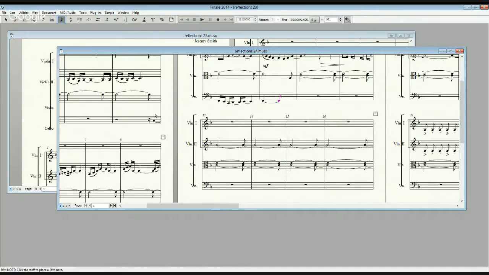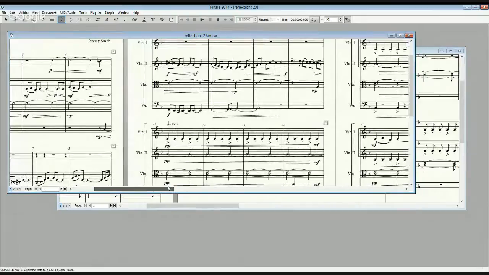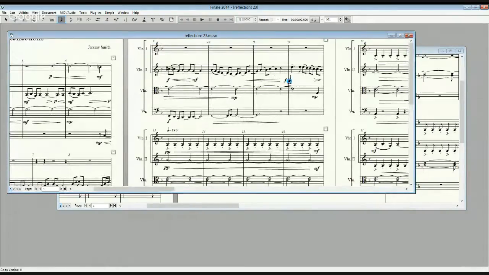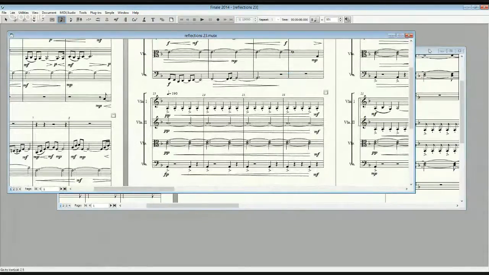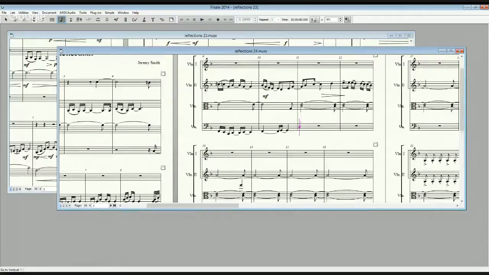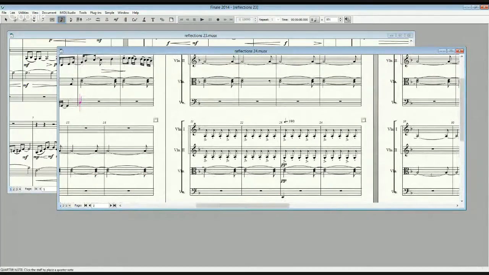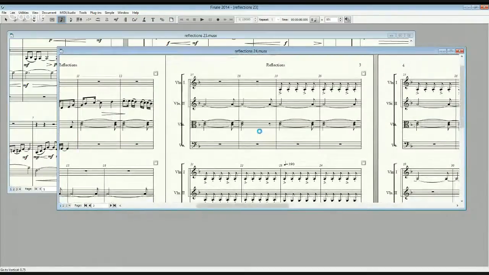Alright. So that's baseline, melody. Here's where it gets all goofy again. What happened here?